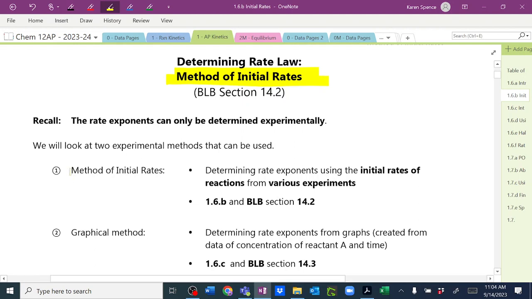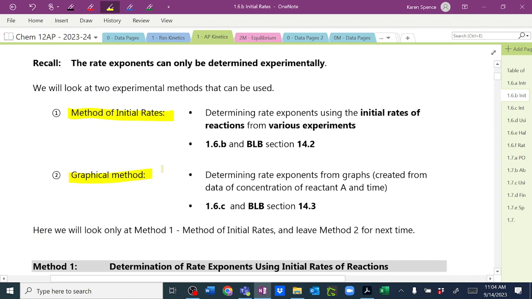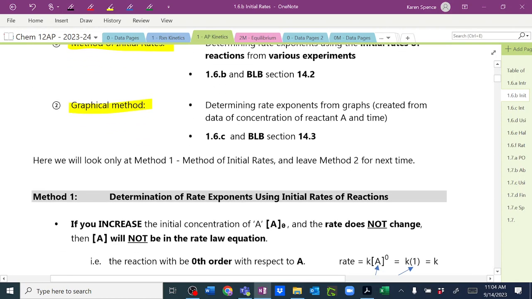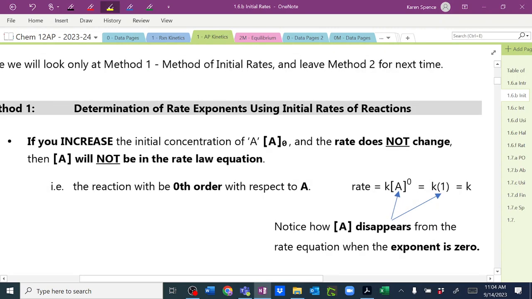So that's what we'll be looking at on this one, and then later on we're going to look at the graphical method, but that's not today, okay? All right, method 1, determining rate exponents using initial rates of reaction. If you increase the concentration of A, the initial concentration of A, and you'll notice I've called that A with a little 0 at the bottom.